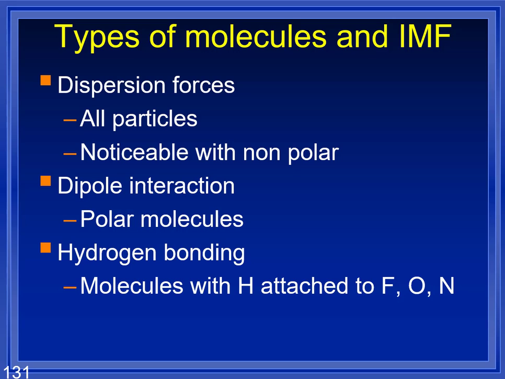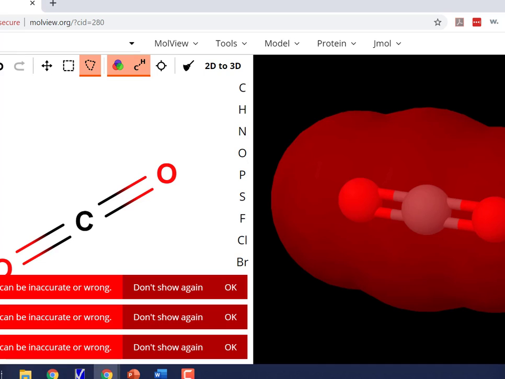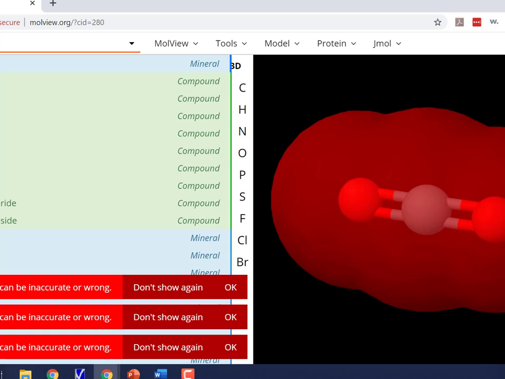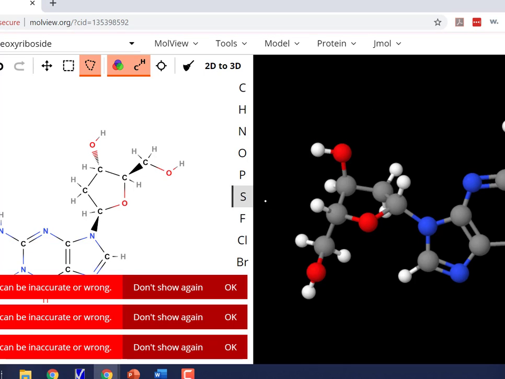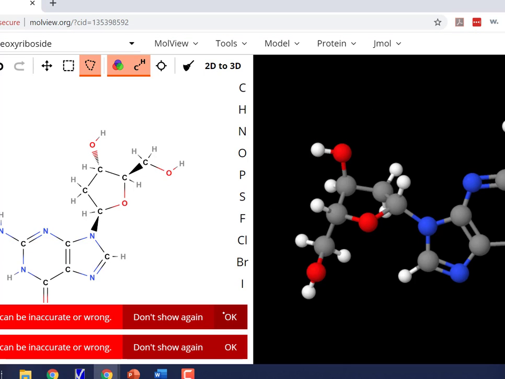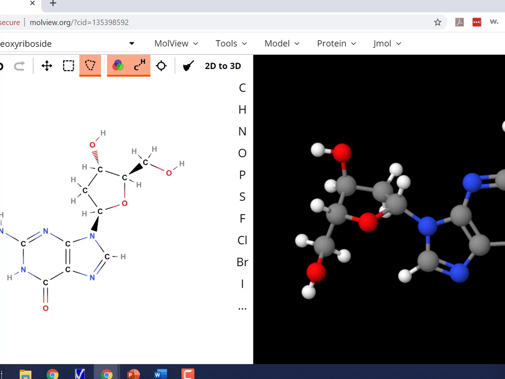Okay, to show you a couple of implications of that, or results of that, let's talk about something you covered last year. You talked about guanine.